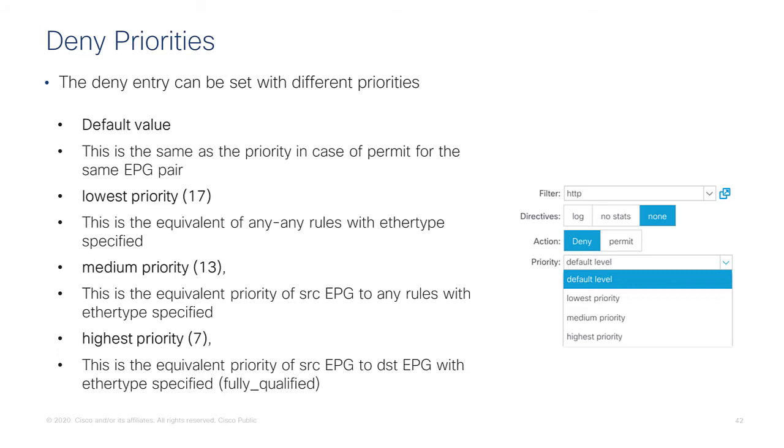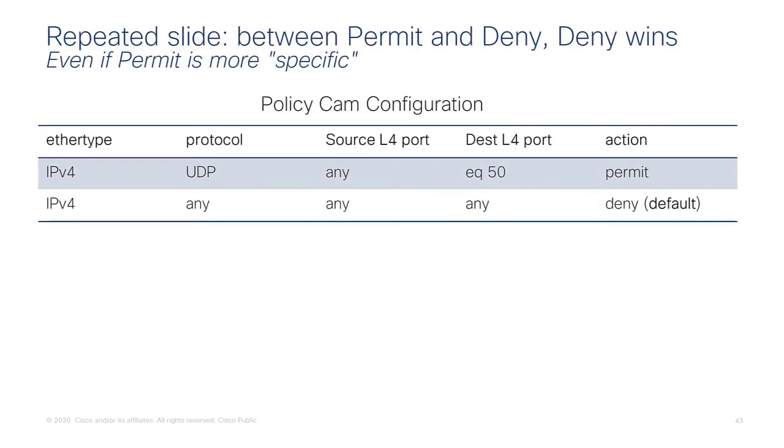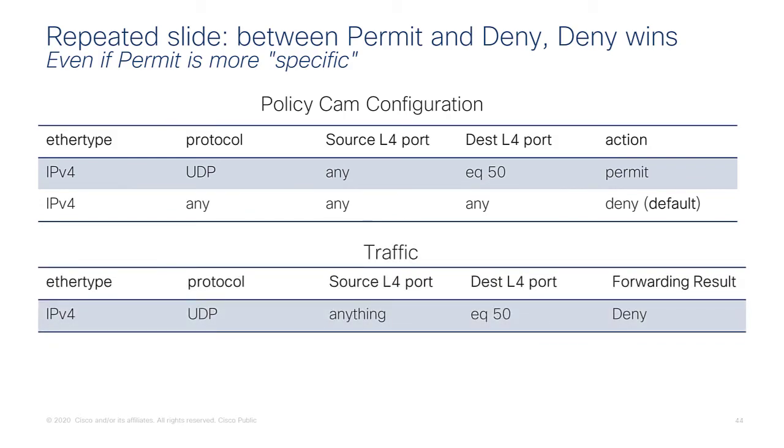Okay, so let's take some examples. Imagine that you have a configuration that says permit UDP traffic with destination port 50, and then deny any protocol, any layer 4 ports, and so on. If you send traffic with destination port 50, this traffic is dropped. Why? Because, as we explained before, the deny rule wins.